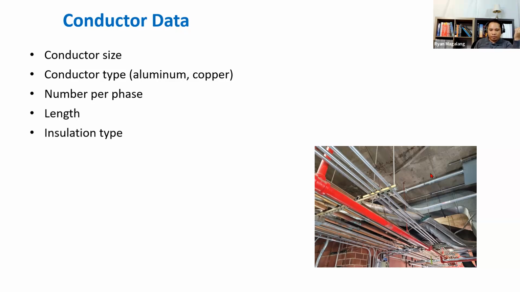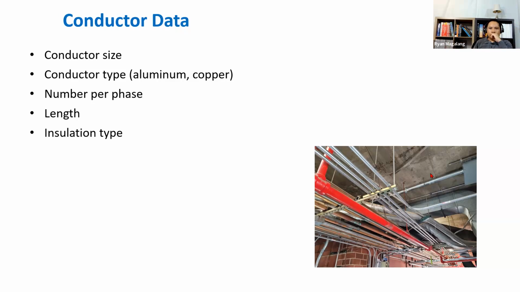Obviously copper has a much lower resistivity. The number per phase affects your calculation, because when you parallel your connection, you're lowering down your impedance. Length, obviously, when you have a longer conductor, that tends to increase your impedance, so that limits your fault current. Insulation type, what is this?